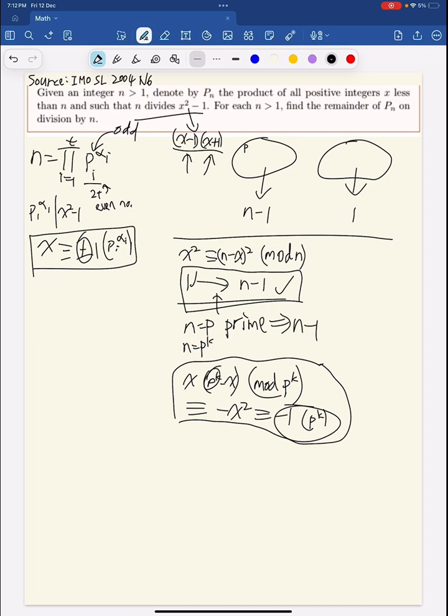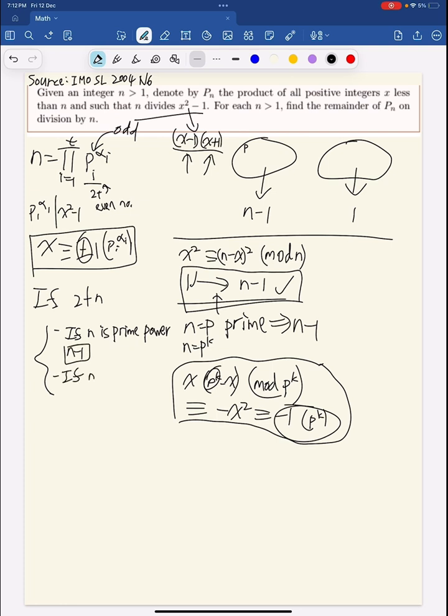So what we have just done is, if n is odd, then we split into cases. First, if n is a prime power, the answer is n minus 1.